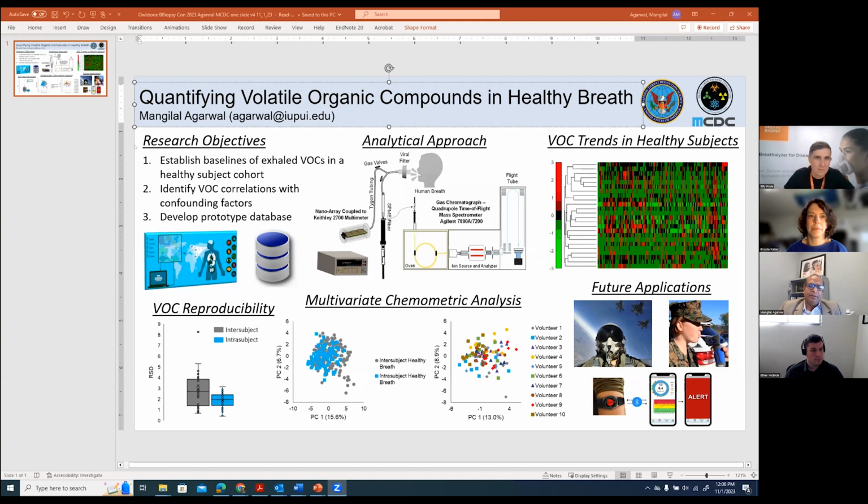Basically, long story short, I'm a sensor person, and my research focuses on sensor development for healthcare applications. Back in 2013-14, we came across diabetes alert dogs that can smell a person and alert them about hypoglycemia. So as an engineer, I was intrigued to see what dogs are smelling, and if we can identify what they're smelling, then we can develop a portable device.